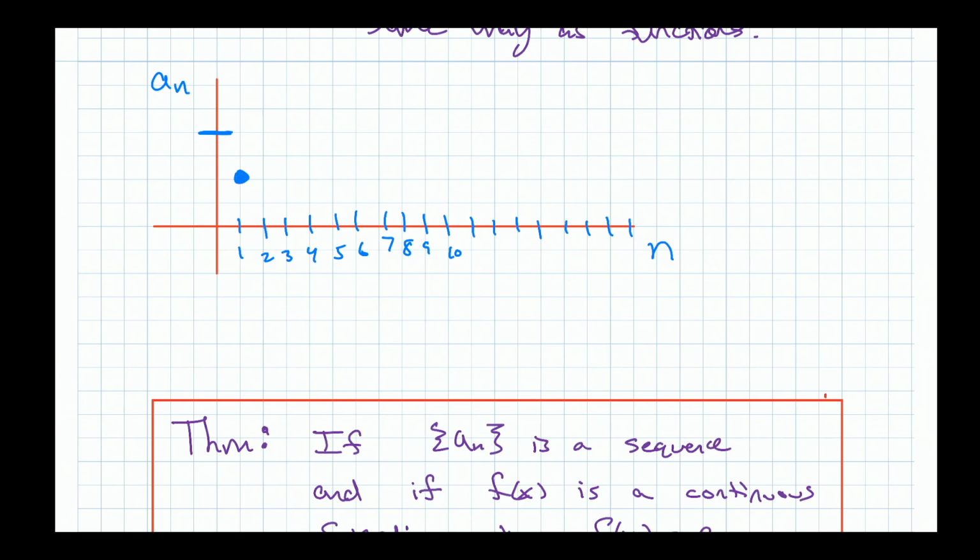So like you might have a dot there, and then you might have a dot up here, and then you might have a dot down here, then you might have a dot here, and you might have a dot here, right? Then you might have a dot down here. And so you just have these dots and they're just wherever they are.